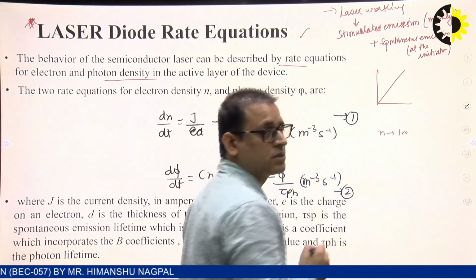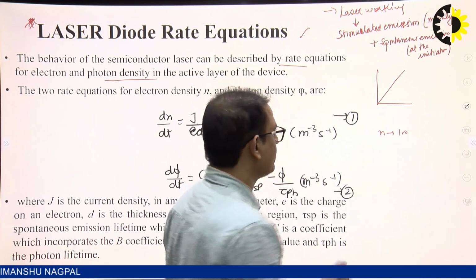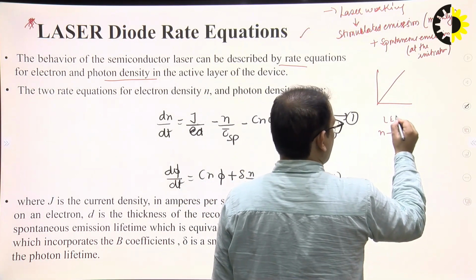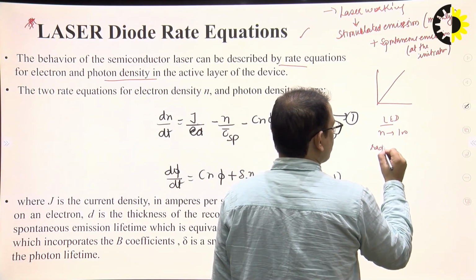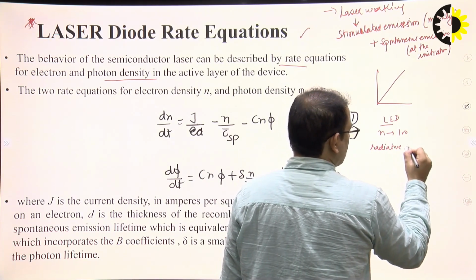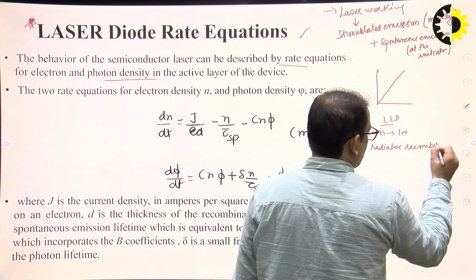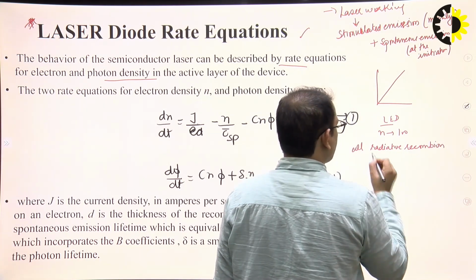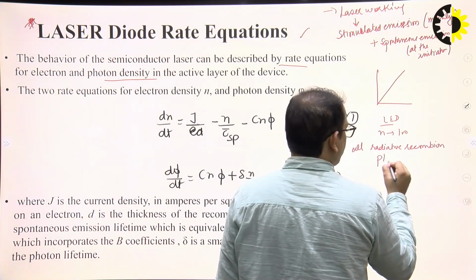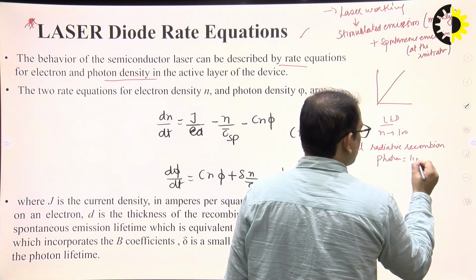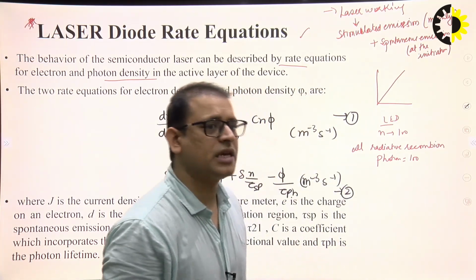If I inject 100 electrons into the LED, and suppose all recombination is radiative, then the photons generated will also be 100, at the same rate.